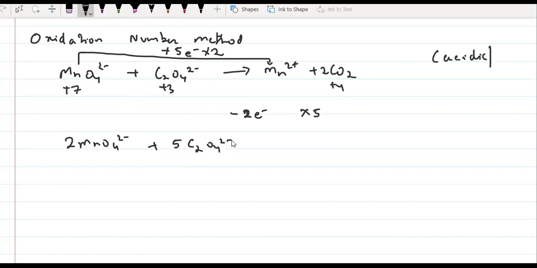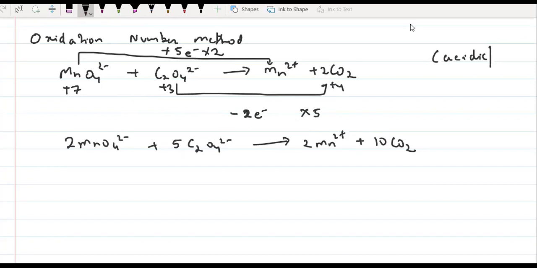C2O4 2 minus gives 2 Mn2 plus, and it is 10 because it is 2 already, 10 CO2. Got it?